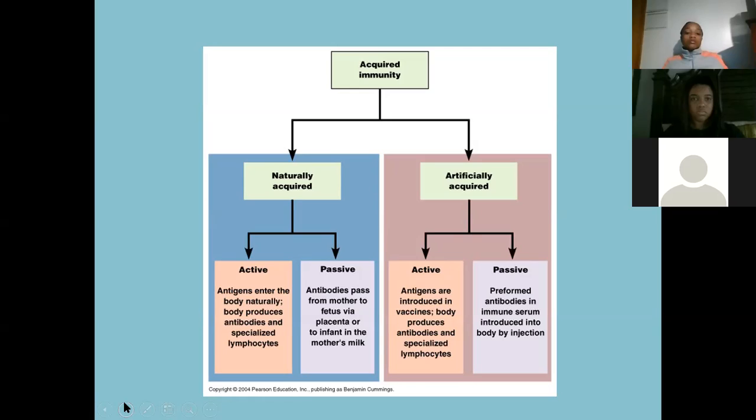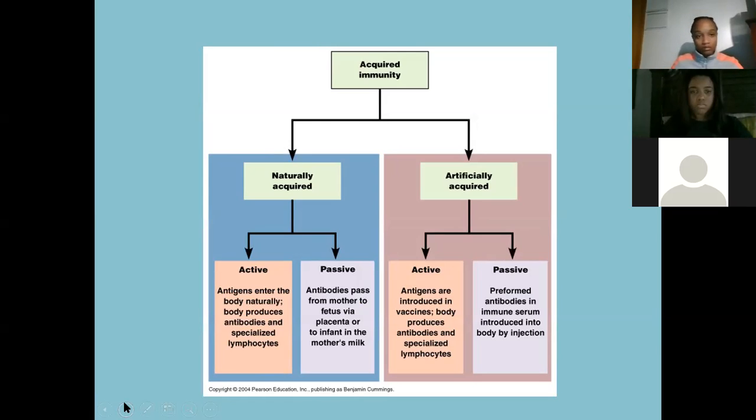I naturally acquired the immunity. Some naturally acquired immunity can also be transferred from mother to child, either via the placenta or via breast milk. So that's one of the reasons that breastfeeding is encouraged. But anyway, acquired immunity can be naturally acquired.